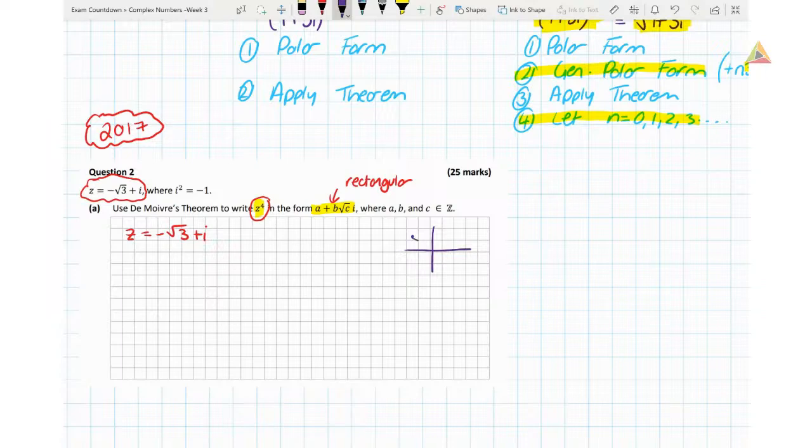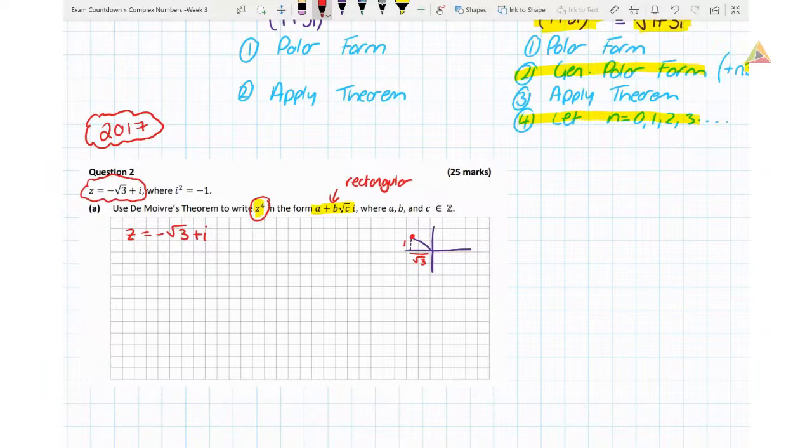So I'm going to join that back to the origin, draw in my modulus, and create my little triangle here down to the real axis. I'm going to mark in my distances. So this distance here is a distance of root 3, not minus root 3. It's minus because it's to the left, but the distance itself is just root 3. This distance up here is 1, because in order to get to that complex number, I went out minus root 3 and I went up 1.